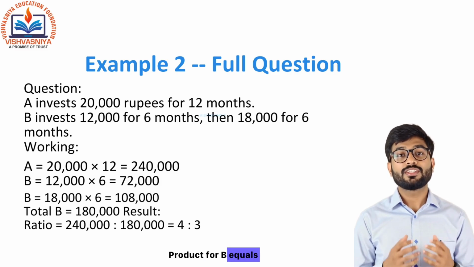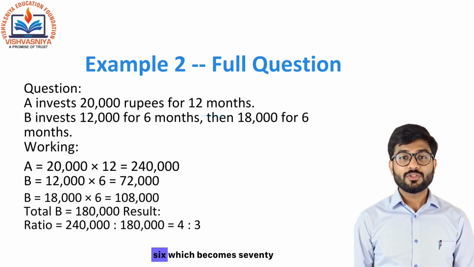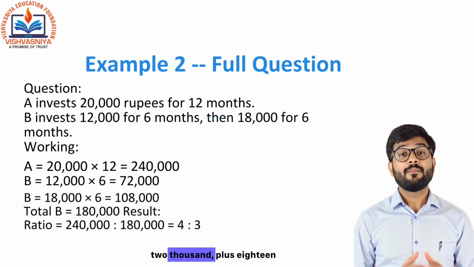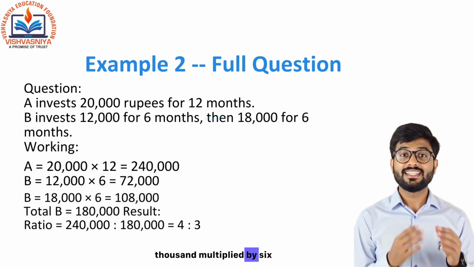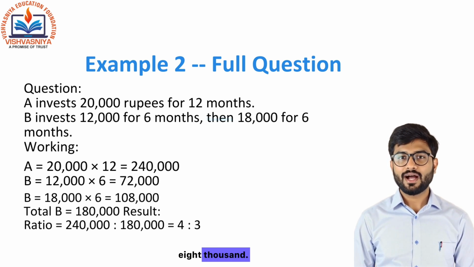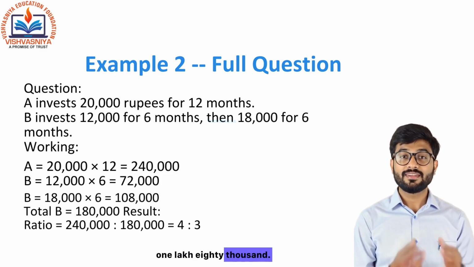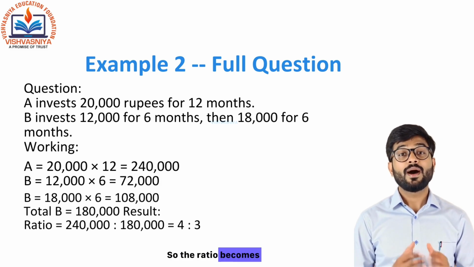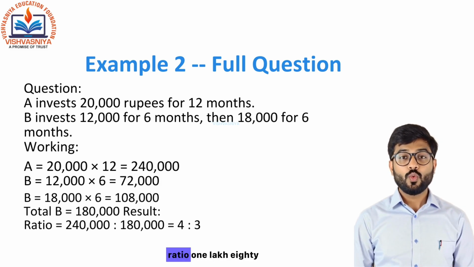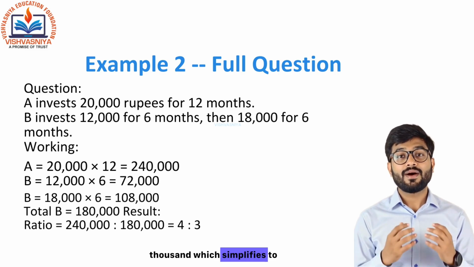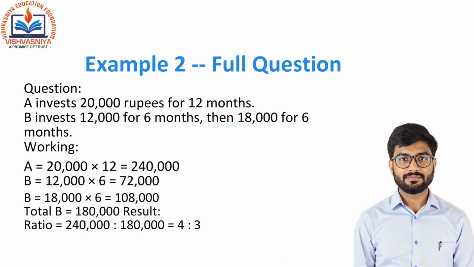Product for B equals 12,000 multiplied by 6, which becomes 72,000, plus 18,000 multiplied by 6, which becomes 1,08,000. Total for B equals 1,80,000. So the ratio becomes 2,40,000 ratio 1,80,000, which simplifies to 4:3.